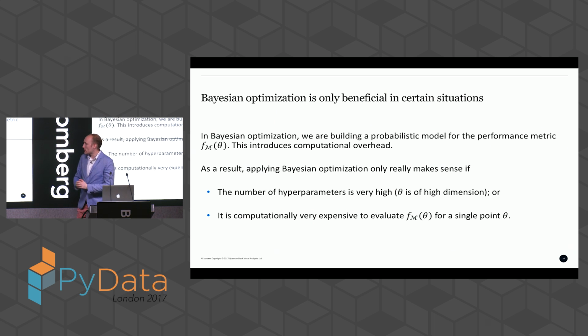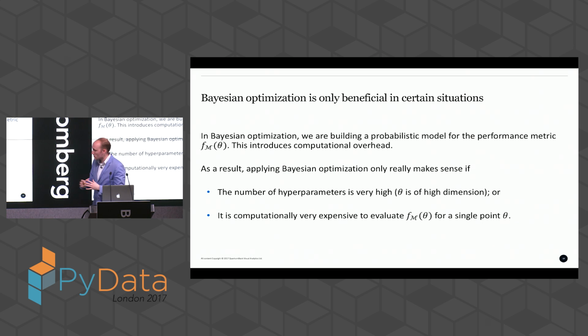Because let's say the out-of-sample performance takes maybe an hour to evaluate for one value of theta here. Then it's actually not so bad if you spend 2 minutes updating your beliefs so that the next time you spend another hour computing this thing, you get a better guess, right?